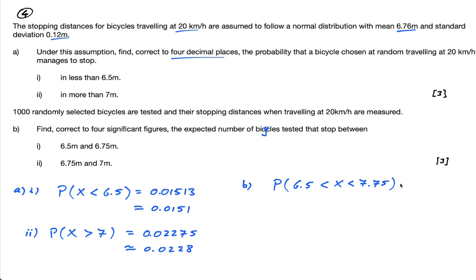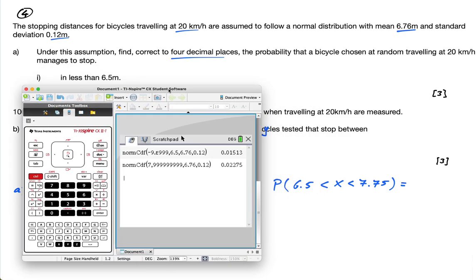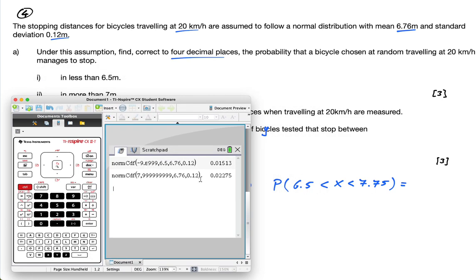Okay, so first I need to find the probability that x is between 6.5 and 7.75. You can do this too, guys, if you want. You can just copy and paste this and change it here to 6.5 and then 7.75. And then this is the mean and this is the standard deviation.